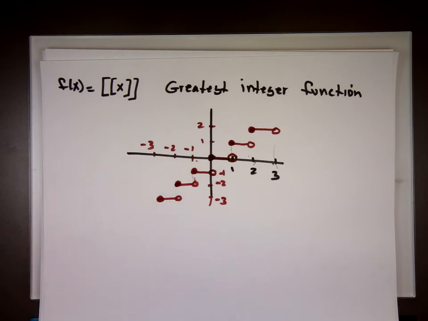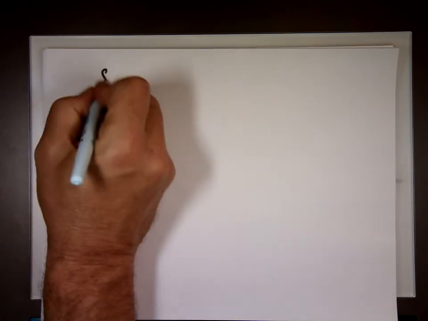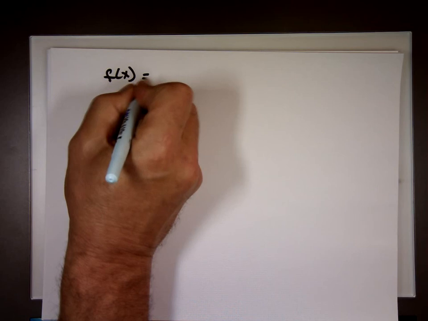Another one in calculus you want to try to avoid is the absolute value. Absolute value does not have a derivative right at the V. So for example, let's say I gave you this function. I said f of x equals absolute value of x minus 2.